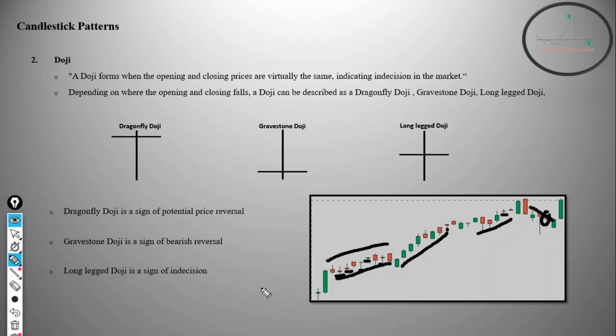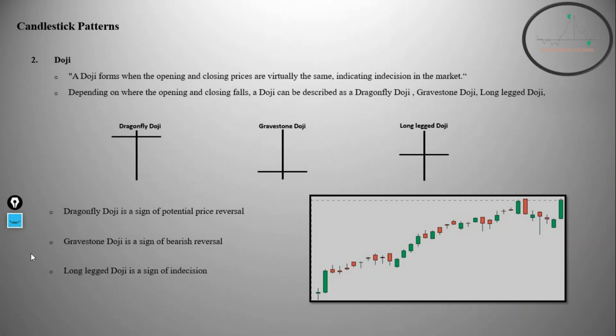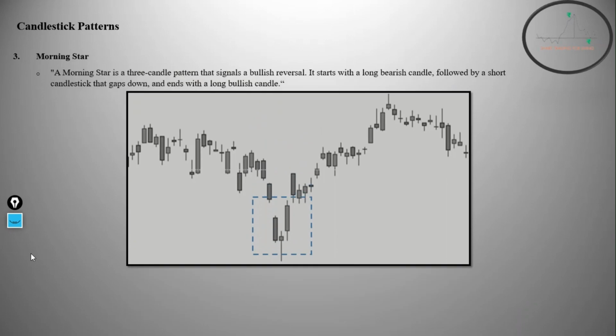Now let's move to the next pattern. The next pattern is morning star. What is morning star? Morning star is a pattern of three candles that signals a bullish reversal. There are certain criteria for it. One, the market has to be in a downtrend.